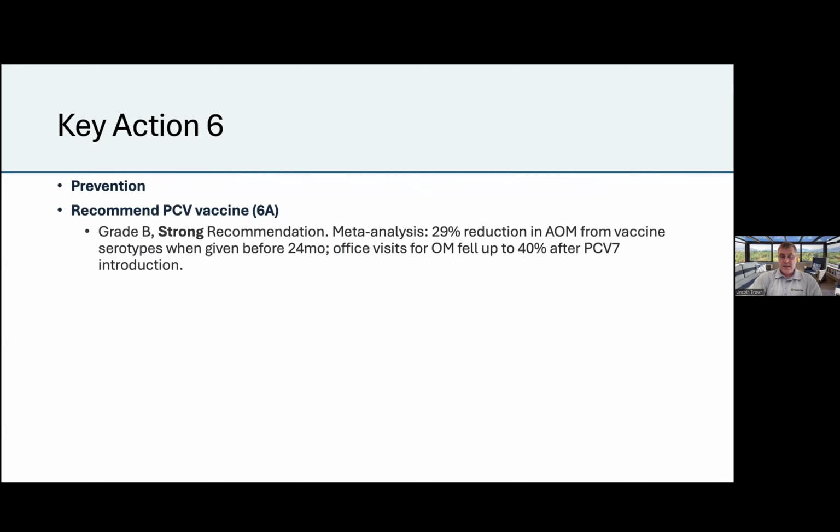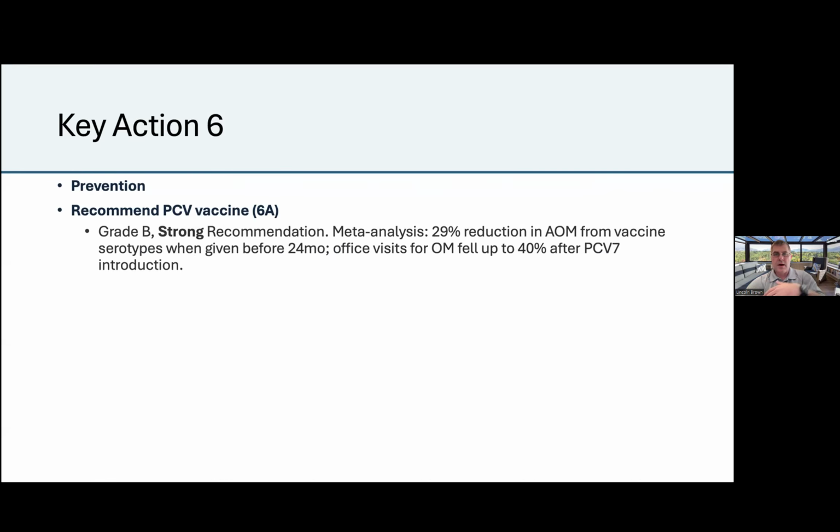And last but not least, prevention. Coming back to the PCV vaccine, if you have it, give it. That was a strong recommendation. Again, they did see cases dip after the introduction of PCV7.